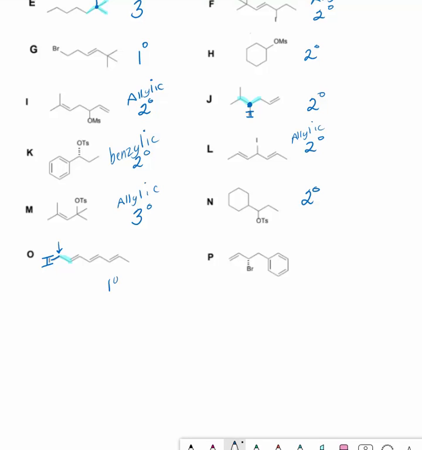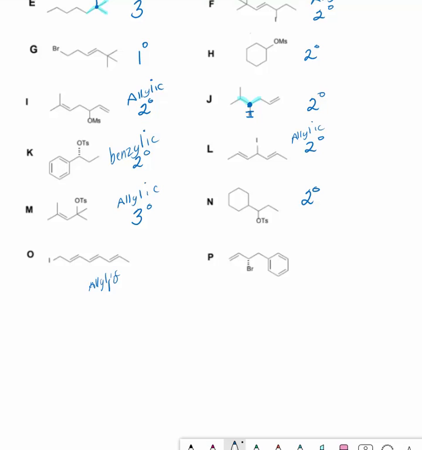Now, this is a primary compound, but specifically because this is an sp2 carbon bonded to another sp2 carbon, that makes this allylic. And this one is fun because not only would we form this primary carbocation, which isn't necessarily a stable structure, but then we would resonate to move the carbocation here. And then this would come to satiate that. And then we would just walk down the chain. So we have 4 different carbocation structures for this primary allylic structure.